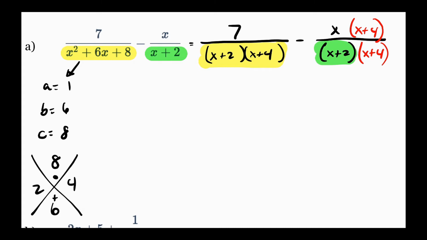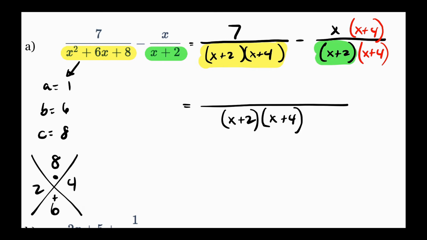Now they're equal, so we know the common denominator is going to be x plus 2 and x plus 4. So I'm going to move them under the same fraction now because I found the common denominator.